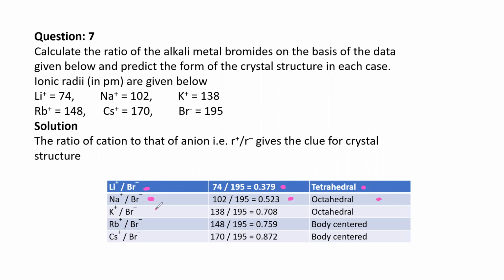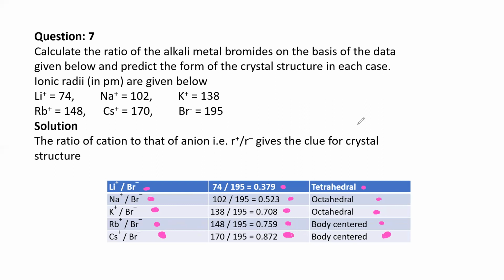Similarly, K plus Br minus is 0.708, so it is octahedral. For rubidium and bromine, it is 148 by 195, around 0.75, so it is body centered. And cesium and bromine is also body centered. So we have octahedral, tetrahedral, and body centered.